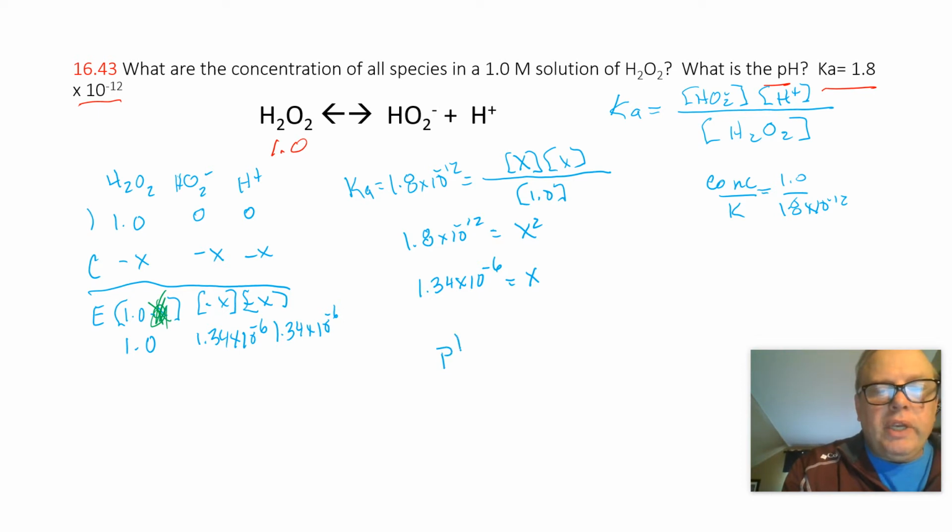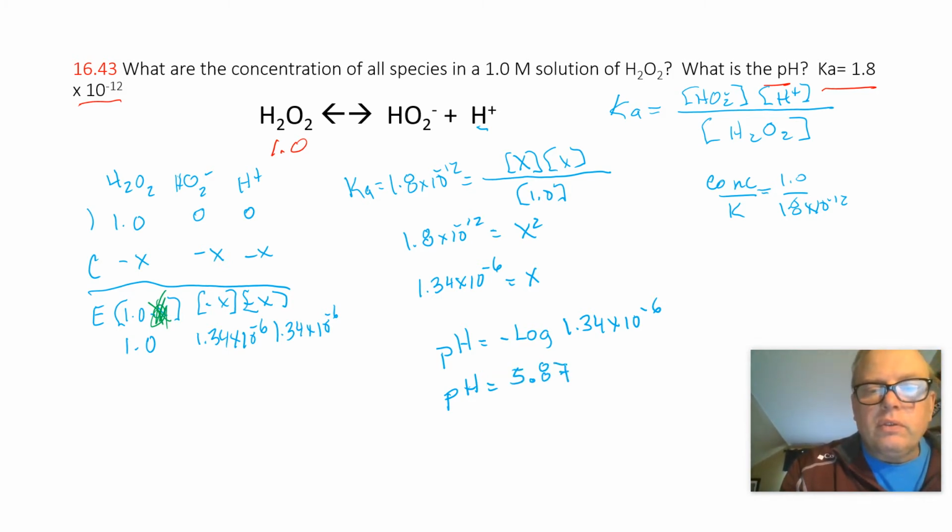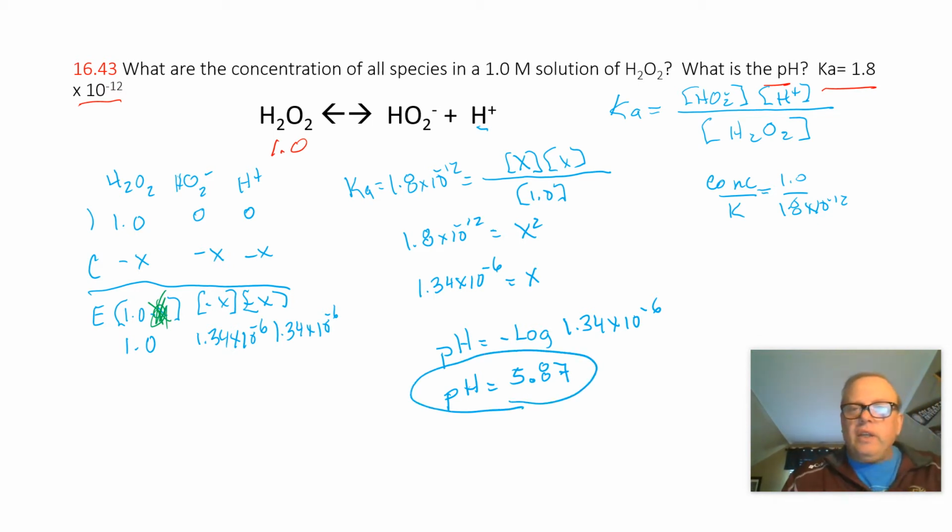And the pH is equal to the negative log of 1.34 times 10 to the negative 6, which is our hydrogen concentration. So I get a pH value equal to 5.87. Okay, that is how we did that.